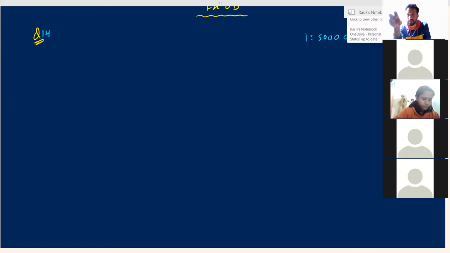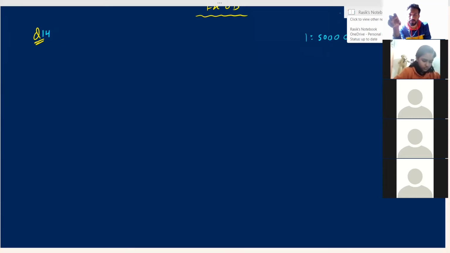Am I right? So in a map we try to show the distances between any two places in the same proportion as they are in actual, in the same ratio as they are in actual.